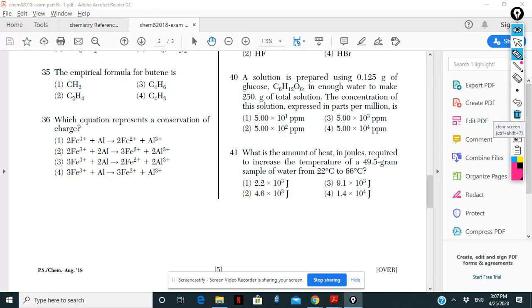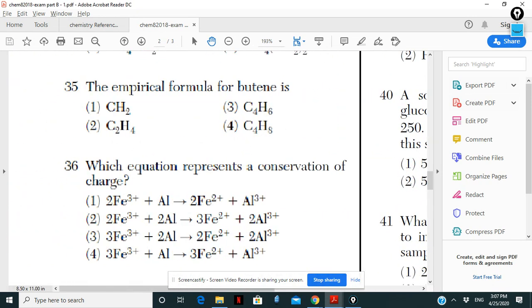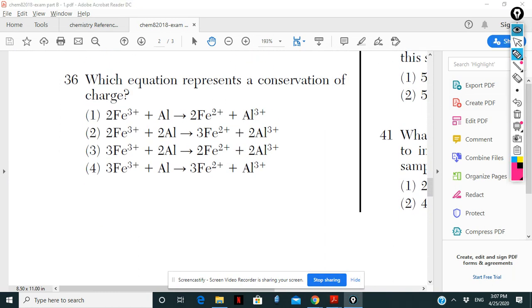Question number 36. Which represents the conservation of charge? Here I'm going to count. Here I have positive 6, because positive 3 times 2 is positive 6. And here's positive 4, positive 3, that's positive 7, and that's positive 6.